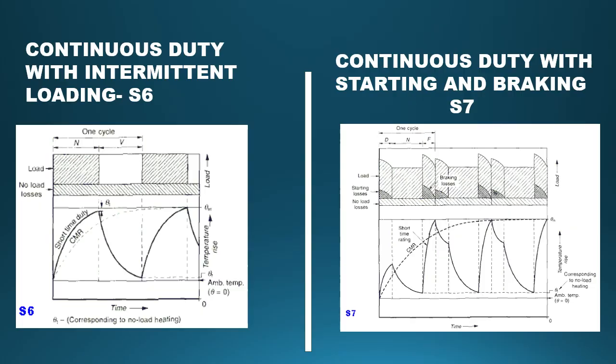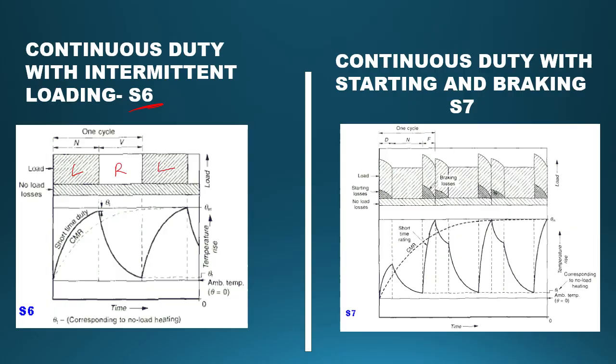Next is S6, that is continuous duty with intermittent loading. It is almost the same as intermittent duty, but the only difference is that the supply is not cut off during the rest period. Therefore, the no load losses will be present continuously. You can see from the curve that this is the loading period, this is the rest period, and this is the loading period again.